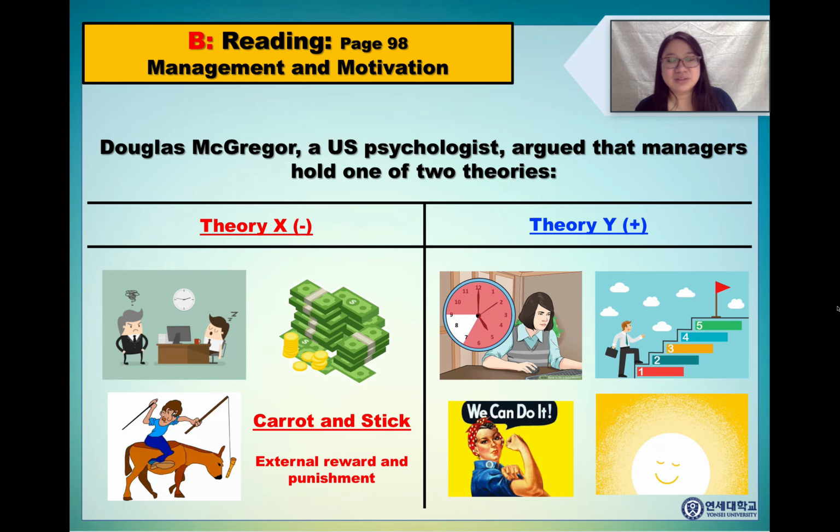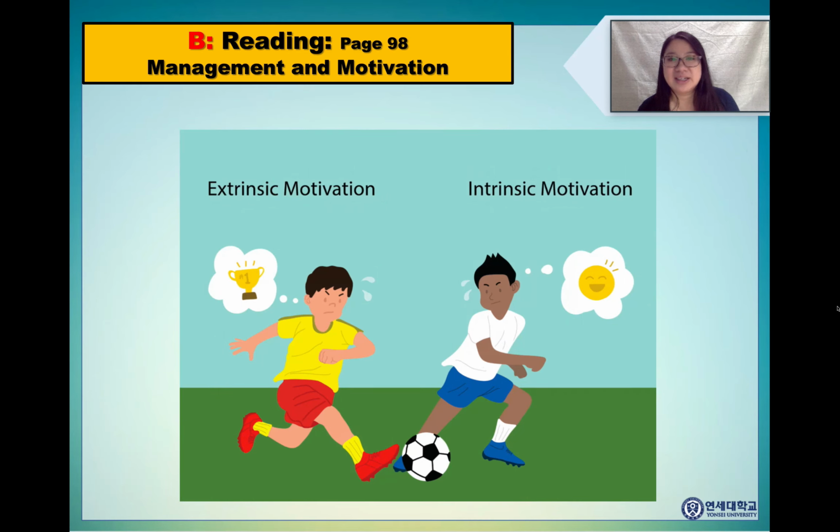In other words, we can call these theories about extrinsic motivation and intrinsic motivation. We can take a look at these two boys playing soccer. The boy who is extrinsically motivated plays soccer because he wants to earn some kind of reward. He wants a trophy or he wants to be on an all-star team.